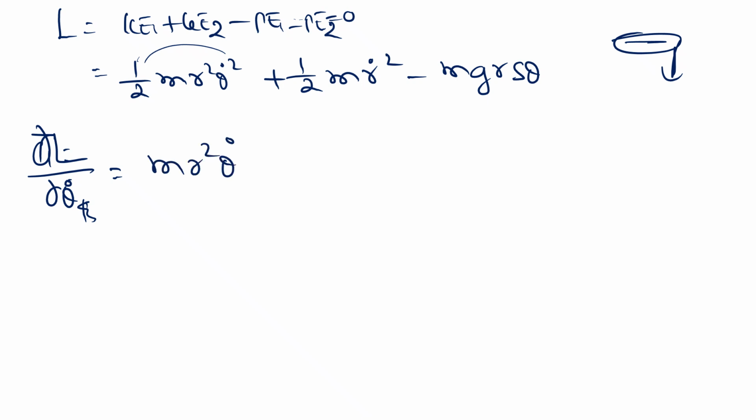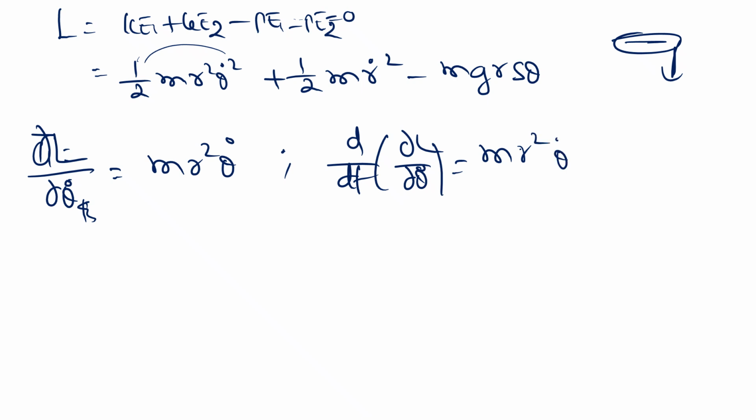Here you don't have theta dot, and here also you don't have theta dot. Then let's do the second term, d by dt of dou L by dou theta dot. Here there are two variables, one is r and another is theta dot. So first we keep r square separate: m r square theta dot.